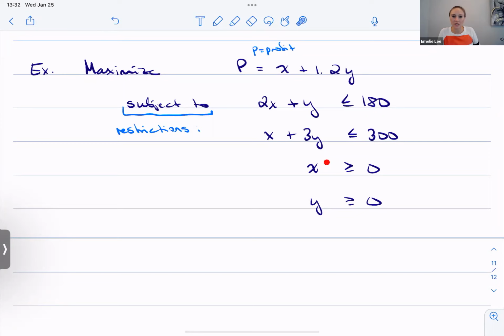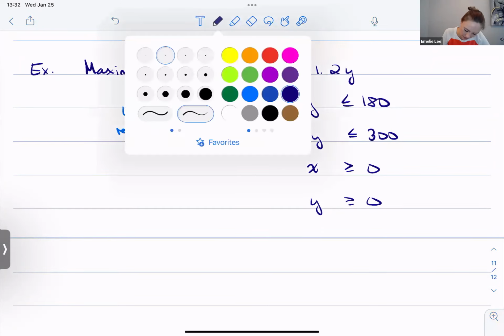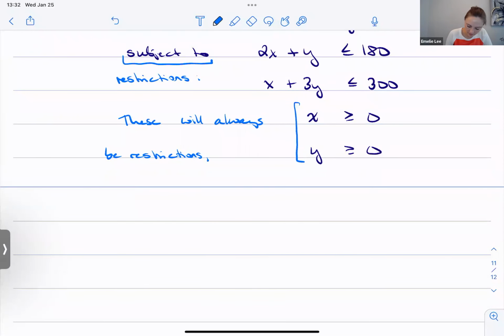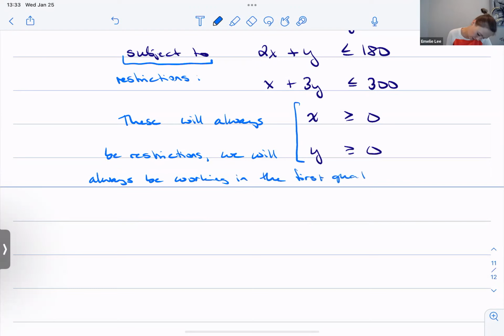These restrictions are always going to be in there, and it just means that we're always working in the first quadrant, where both x and y are positive.